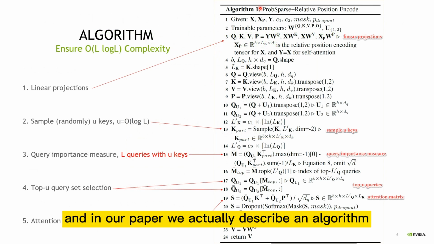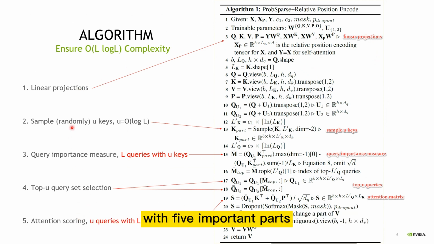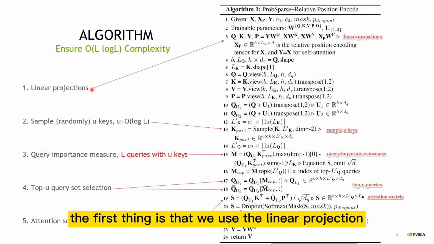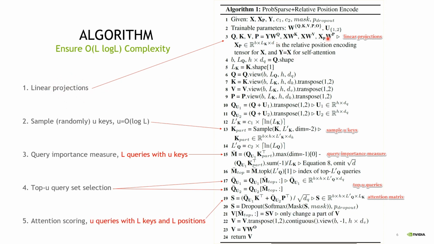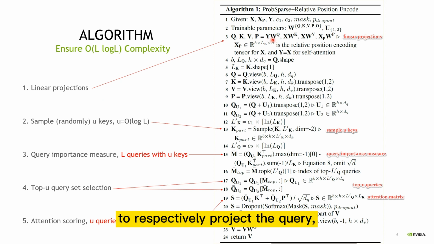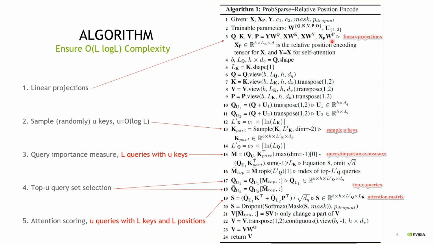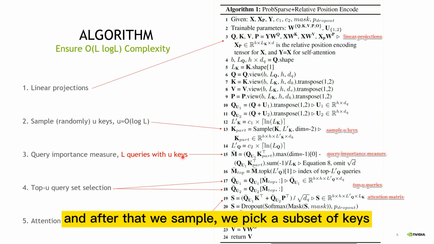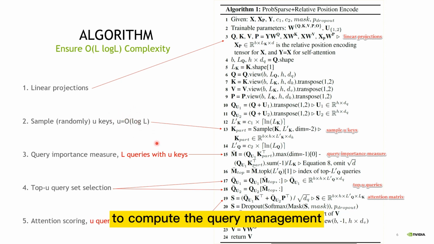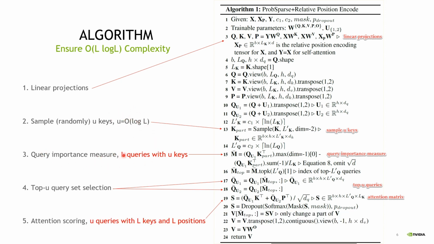In our paper, we describe an algorithm with 5 important parts. The first thing is that it uses 4 linear projection layers to respectively project the query, key, value, and position into tensors. After that, we pick a subset of keys to compute the query measurement. So this is the subset key part.